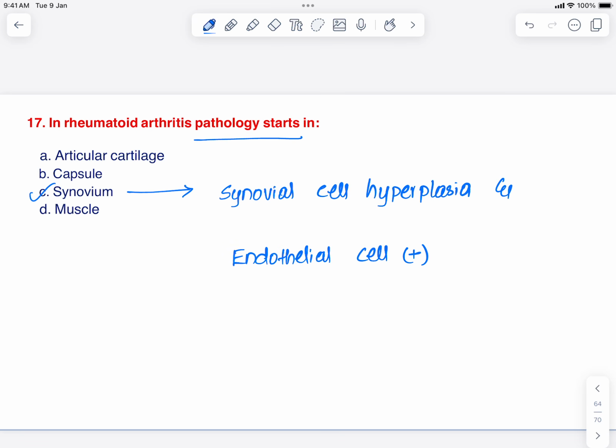So these are the two things that will cause the inflammation of the synovium, causing synovitis. Followed by that synovitis, you have the involvement of the cartilage as well as the bone. So that is about the synovium involvement in rheumatoid arthritis. All right. Next question.